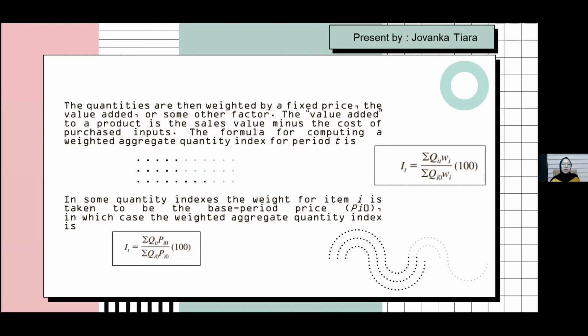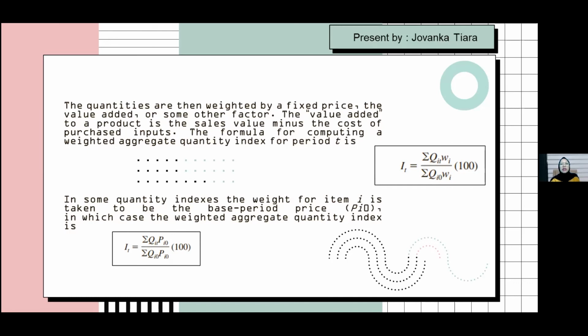In some quantity indexes, the weight for item i is taken to be the base period price, in which case the weighted aggregate quantity index is I_T equals sigma K_iT P_i0 divided by sigma K_i0 P_i0 times 100.